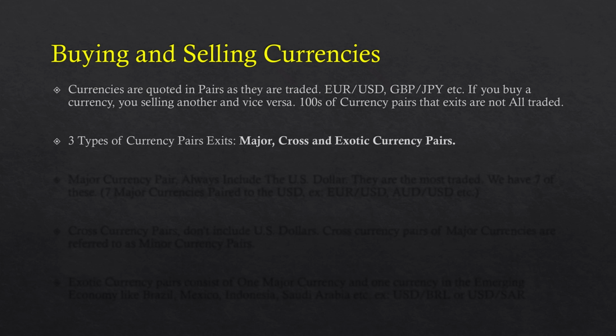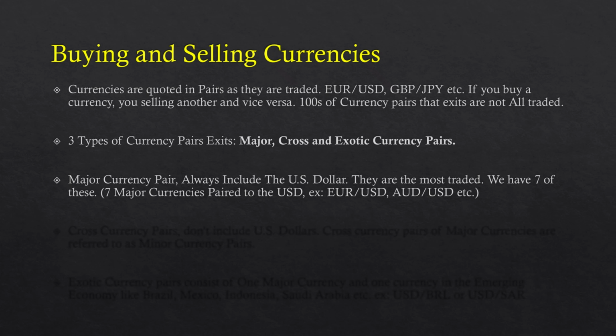In fact, we only have 3 types of currency pairs in the Forex market: major, cross, and exotic currency pairs. Major currency pairs always include the US dollar, and they are the most traded. Simply put, it is the 7 major currencies paired with the US dollar. So we have 7 major currency pairs.